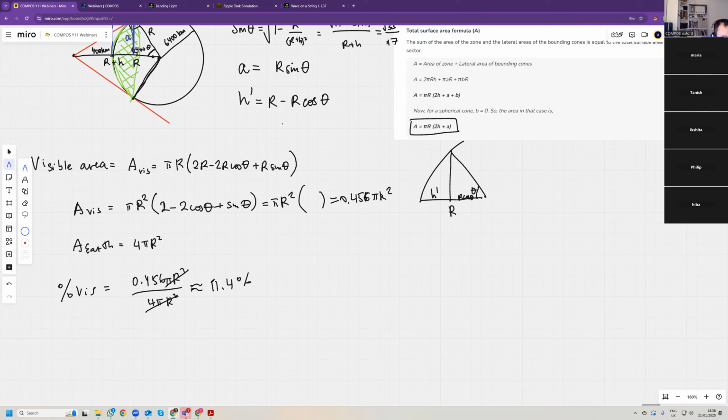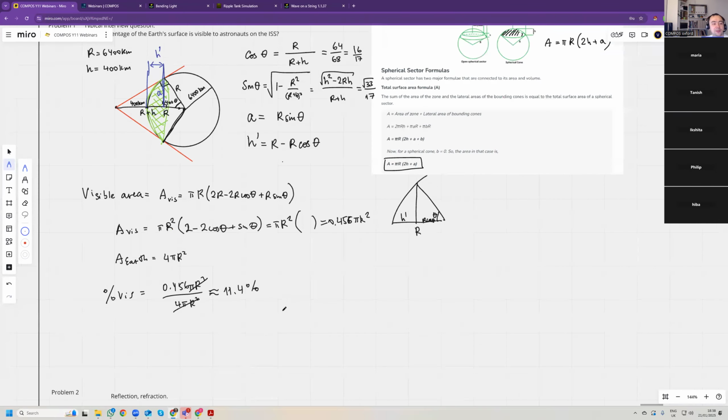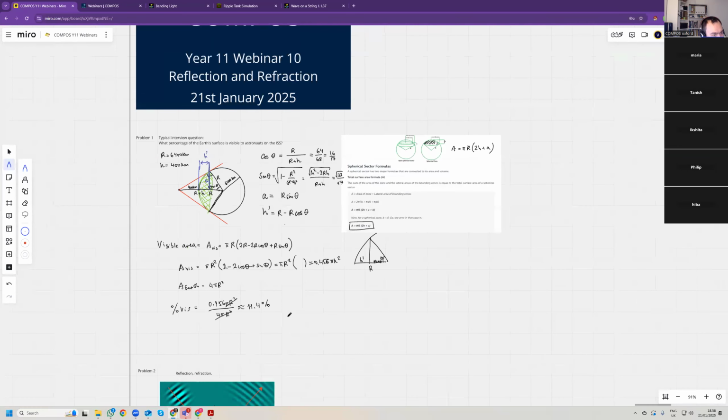It's quite interesting. You would think you would see half the Earth from the International Space Station, but no, you only see 11.4% of the planet at a time.